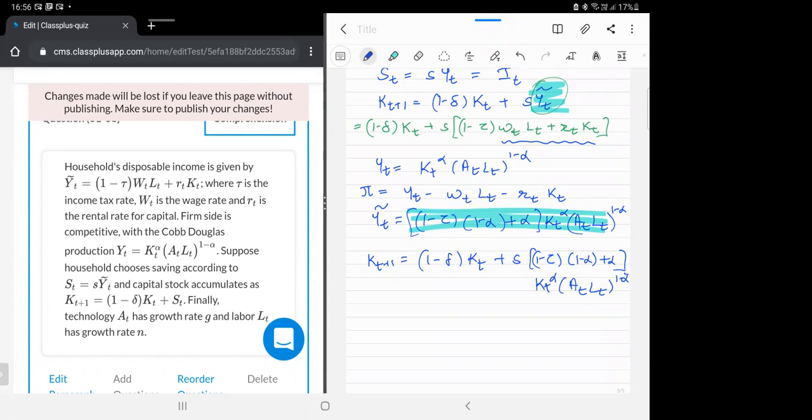Now that I have my K_{t+1}, I just need to get it to steady state. So let me divide this by A_t L_t.